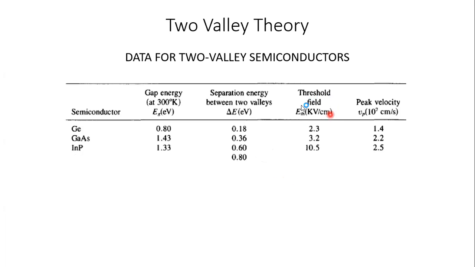Now the threshold field represents how much potential difference you should apply across a sample of 1 centimeter, so that there will be a jump of the electron from the lower to the upper valley. Okay, so that voltage. Then velocity, what velocity the electron can achieve. There is a peak velocity here, you can see 2.2 into 10 raised to 7 centimeter per second. So for indium phosphide, it is larger.